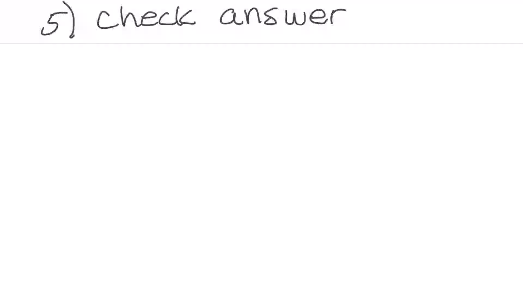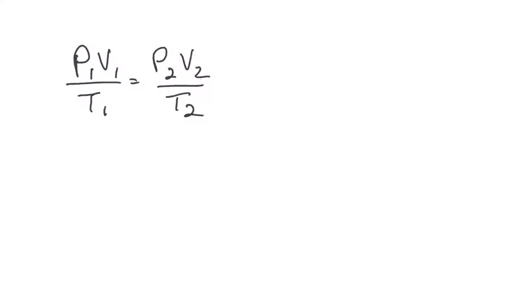So write the equation. So I had P1V1 over T1 equals P2V2 over T2. Then I'm going to substitute the values. So the initial pressure, if you're reading the problem with us on 712, was 120 atmospheres.